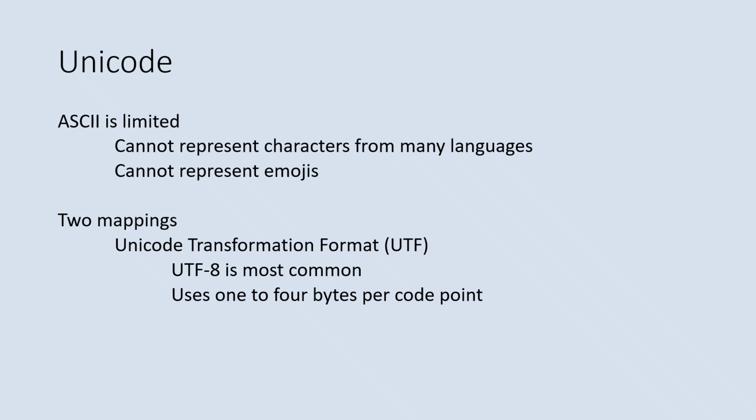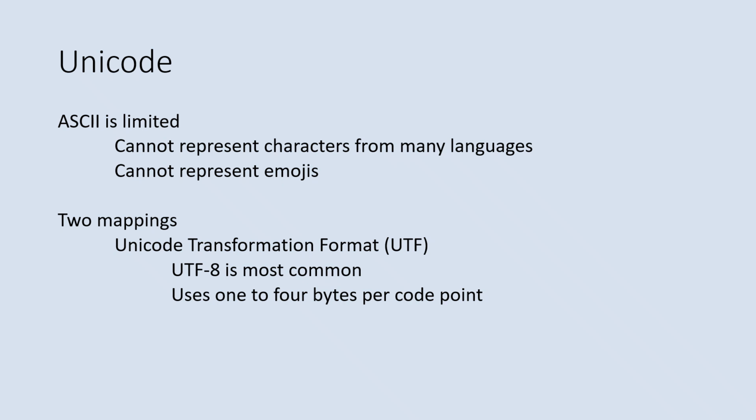So the value, whether it's a decimal value, binary value, or hexadecimal value, and the character that it corresponds to. You can think of it like a table: a code point is one row in the table, saying here's the numerical value and here's the character.